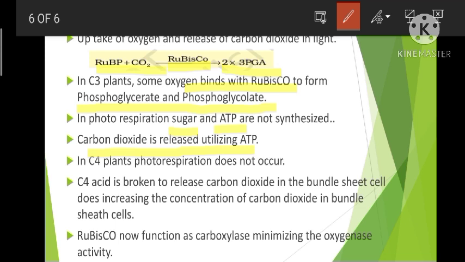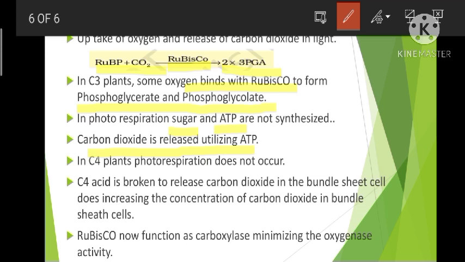In the bundle sheath cell, what happens to this malic acid? It is decarboxylated to form carbon dioxide and a C3 acid. So this carbon dioxide can be used for the formation of glucose in the C3 pathway, because in the bundle sheath cell the Rubisco enzyme is present. Rubisco is absent in the mesophyll cell here.